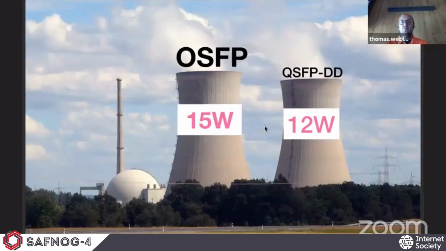Now, taking into consideration that the switch not only consists of transceivers, but also has memory and power supplies and the CPU and the ASICs in there, they also consume power. We might end up with a 1U switch doing 400 gigabit with 32 ports running at 1 kilowatt of power and also generating 1 kilowatt of heat. And that's quite a massive amount.